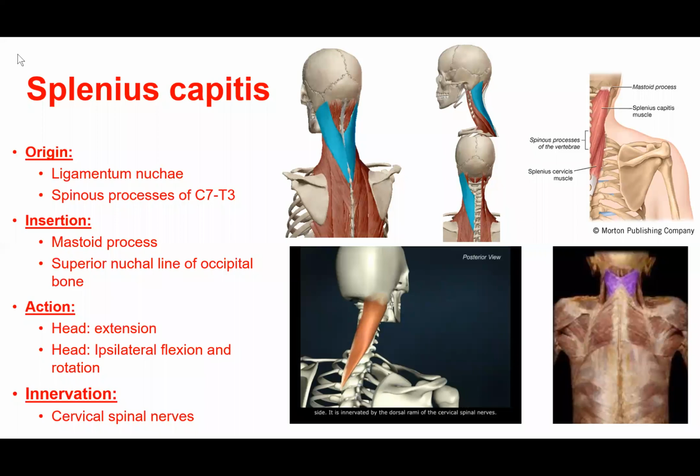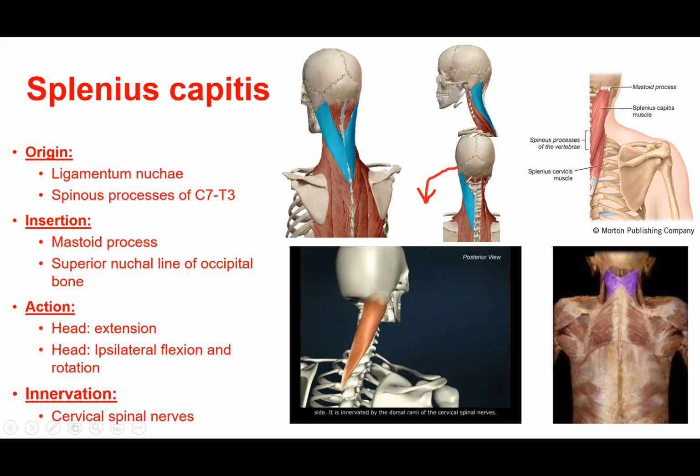I just want to point out again, unilaterally means if you're only contracting one side, we're going to be flexing to whatever side is contracting. If the left side is contracting, then your head is going to tilt with your left ear towards your shoulder. Additionally, if this side is contracting, it's going to pull your head to the left.